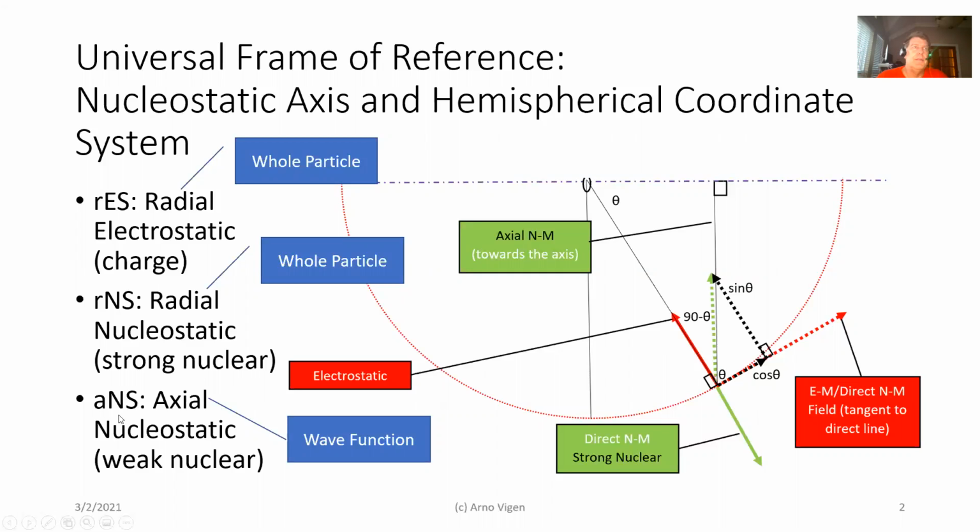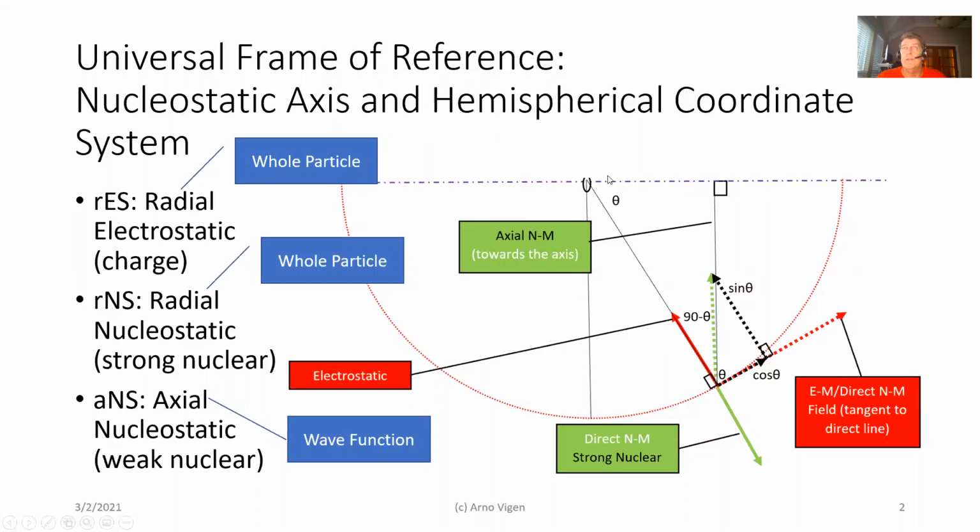However, the axial nucleostatic, which I relate to weak nuclear force, okay, is not in that direction. It's towards the nucleostatic axis of the nucleus. And really there is an axis of every particle, but there's so many count here in the nucleus that its field is the strongest.